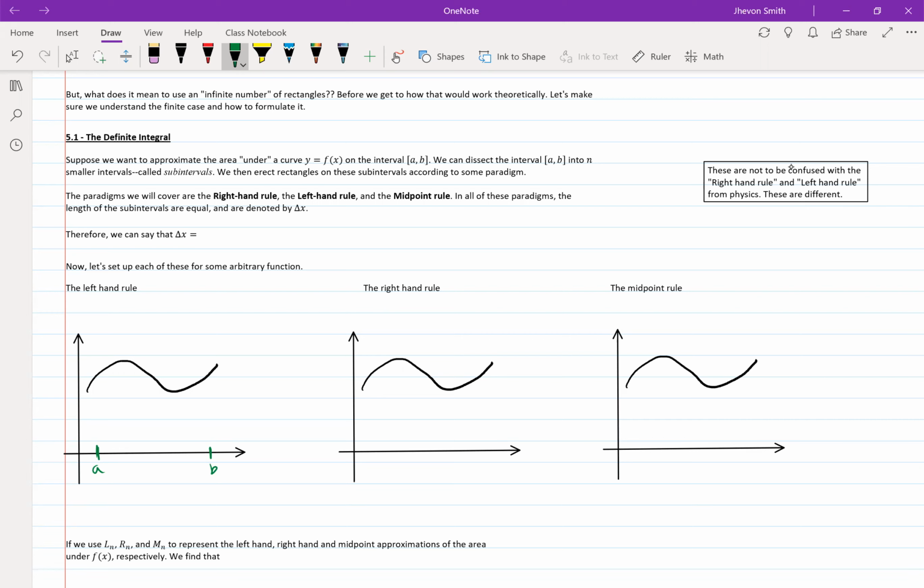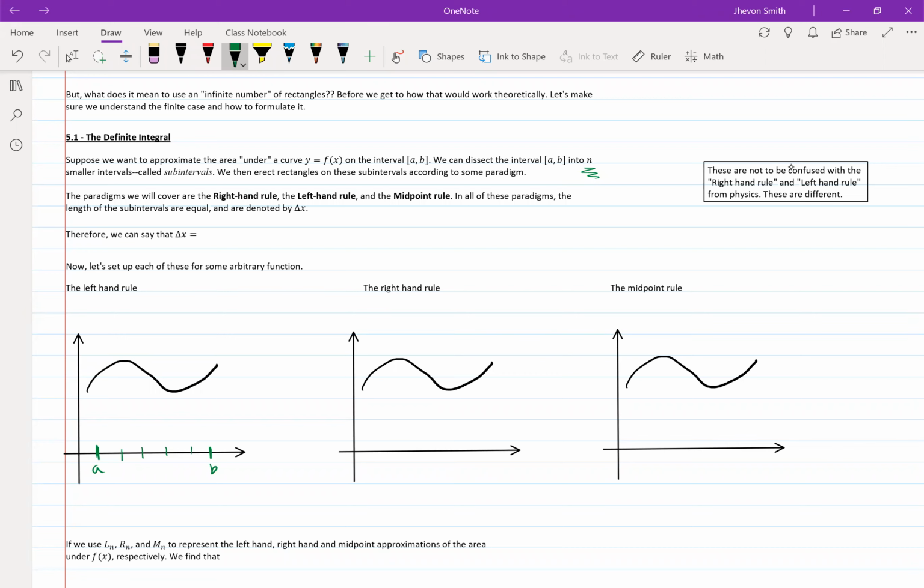We are going to slice this interval up into several smaller intervals, which we call sub-intervals, right? And so the idea now is we are going to use n of them, into n subintervals, right? n is going to be some number that I'm going to tell you.